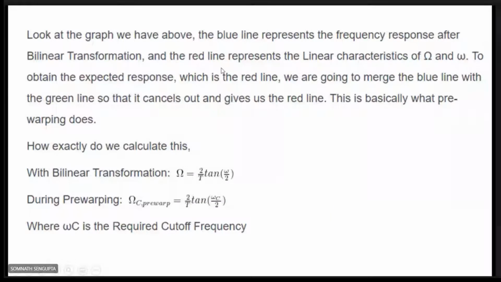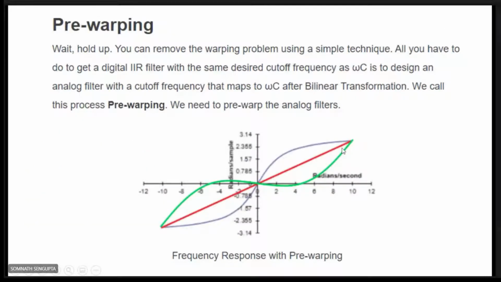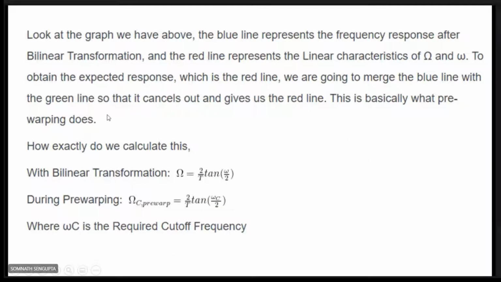To obtain the expected response, which is the red line, this is the linear red line requirement, we are going to merge the blue line with the green line so that it cancels out and gives us the red line. This is basically what pre-warping does.